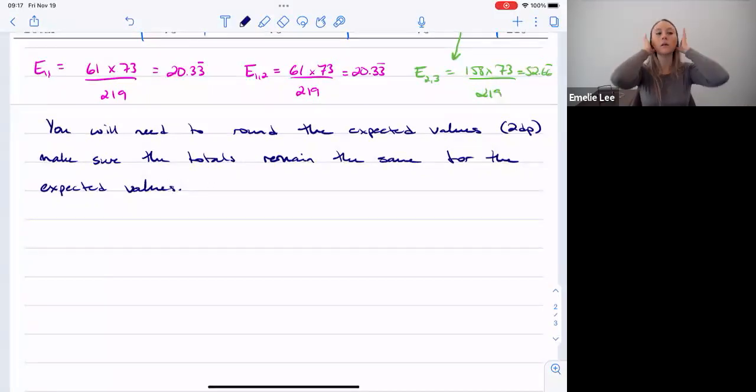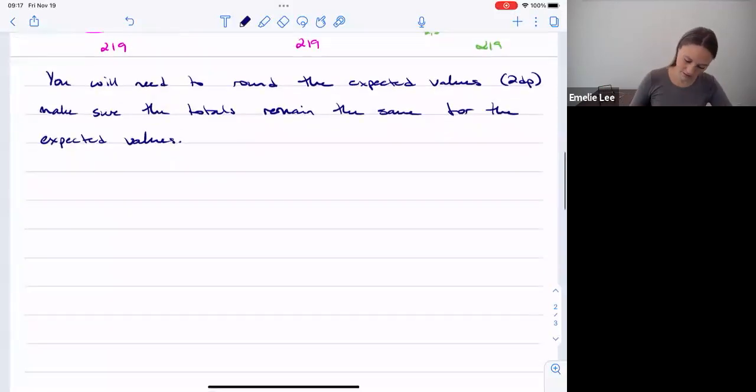Yeah. So then, once you have your expected values, you can calculate your chi-squared. Your chi-squared is the observed minus the expected for each of the cells, then square it, right? And then divide by the expected value, and then sum all those up, right?